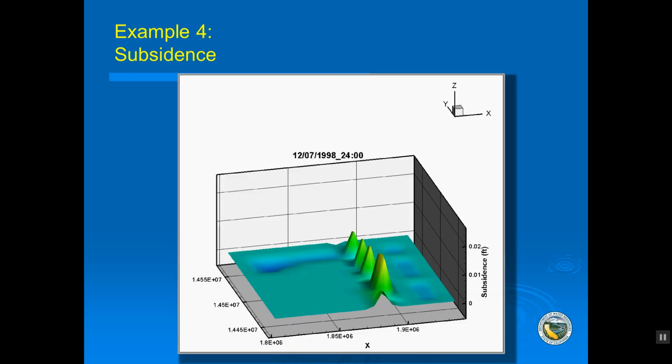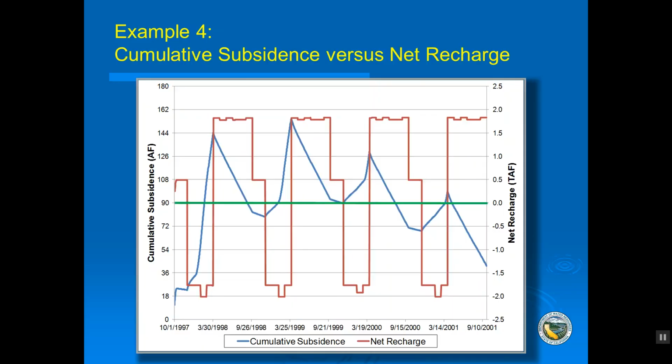So right here where we are pumping, we have large subsidence, and here where we are recharging, our subsidence is negative, meaning we have actually expansion. Same thing here, where we are doing our spreading operations. Basically, we are expanding those sponges.